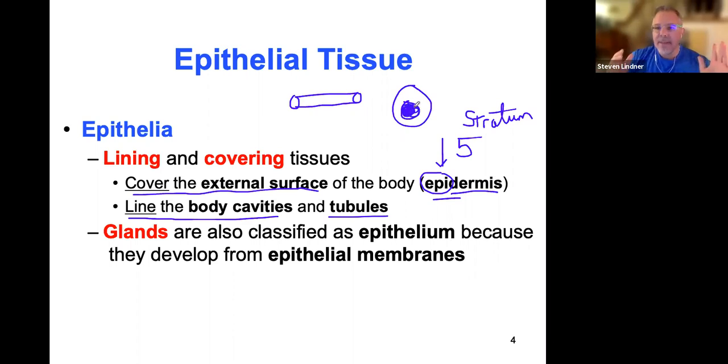When we talk about epithelium, we're looking at the type of tissue or cells that line or come into contact with this lumen. That's how we identify the type of tissue: what do we see lining the tubules closest to the cavity or the lumen. All right. Glands are also a type of epithelium. We'll talk about certain glands like the sweat gland or the mammary gland.